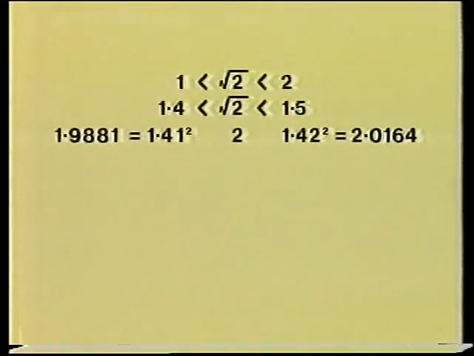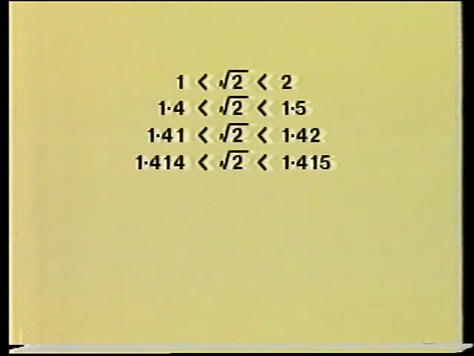We know root 2 lies between 1 and 2, because 2 lies between 1 and 2 squared, and that it lies between 1.4 and 1.5, because 1.4 squared is less than 2, whereas 1.5 squared is greater than 2. And if we check the squares of 1.41 and 1.42, we see that root 2 lies between 1.41 and 1.42.